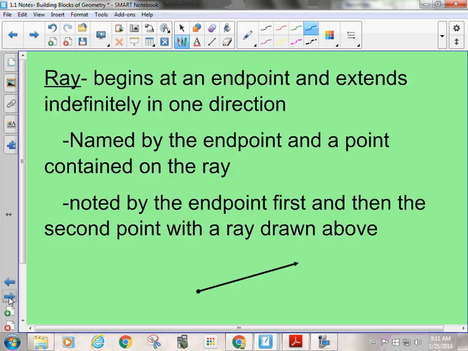All right. Ray. A ray begins at an endpoint and extends indefinitely in one direction. So this has a starting point and it keeps going. Okay, it's named by the endpoint and a point contained on the ray. It's noted by the endpoint first, and then we do the second point with a ray drawn above it. So in our example here, here's our endpoint, and let's put some points on my line.